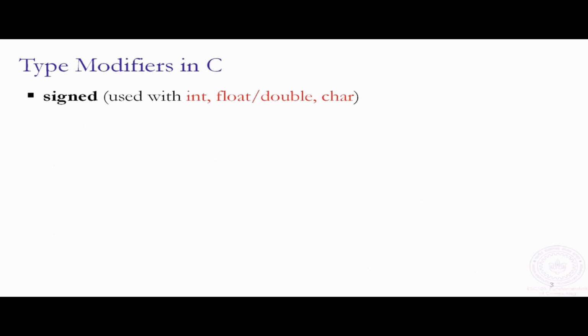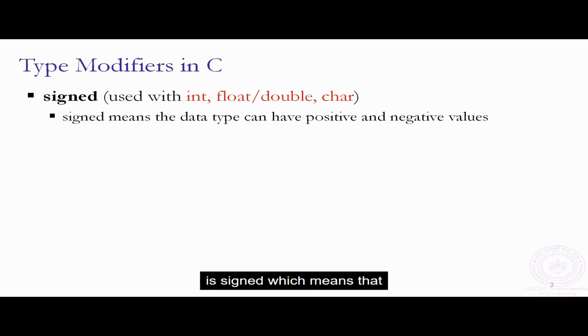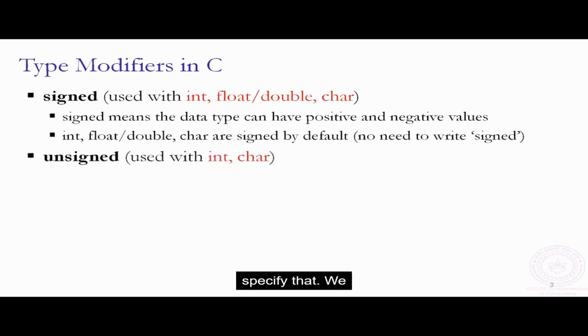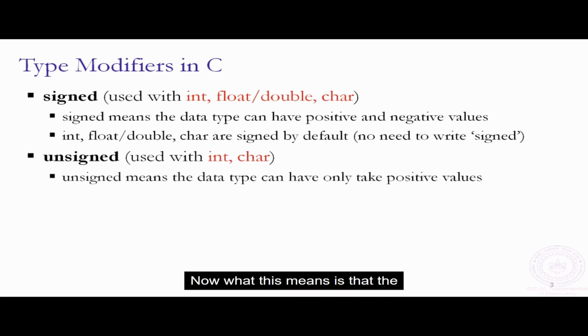For example, the default data type of int, float, or char is signed, which means that the data type can have both positive and negative values. However, it is also possible to specify that we want to use an unsigned int or an unsigned char. Now, what this means is that the data type is guaranteed to only store positive values.